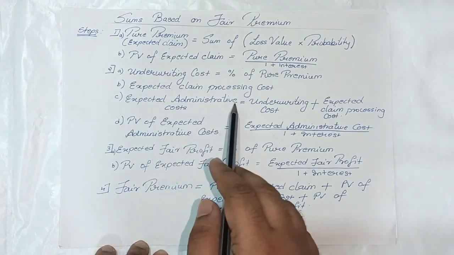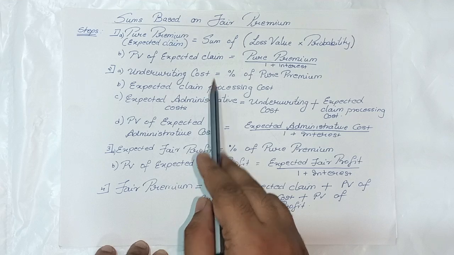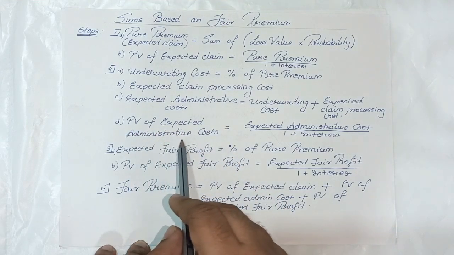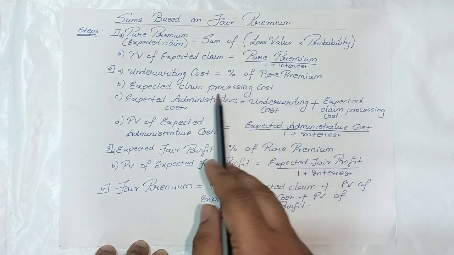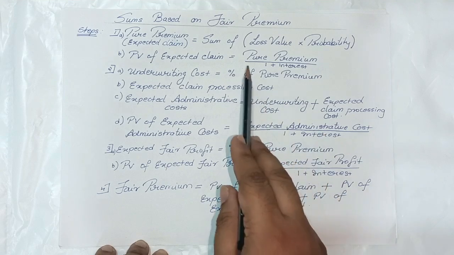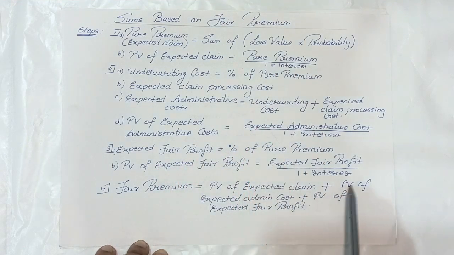Third, expected administrative cost is nothing but the underwriting cost plus the expected claim processing cost, so that is the total of A plus B. And finally, PV of expected administrative cost is equal to expected administrative cost, that is from step C, divided by 1 plus interest. Again, whatever is 1 plus interest here, the same thing comes here. That will be the second value that you will find, PV of expected admin cost.